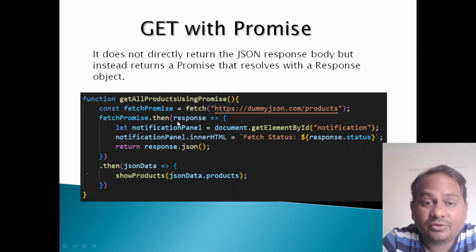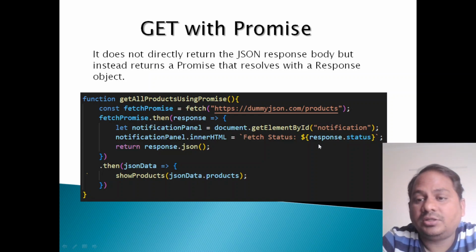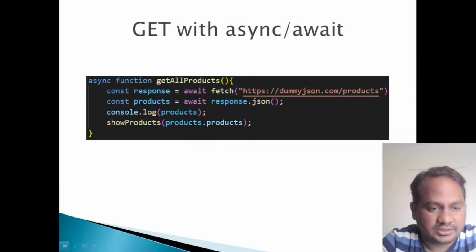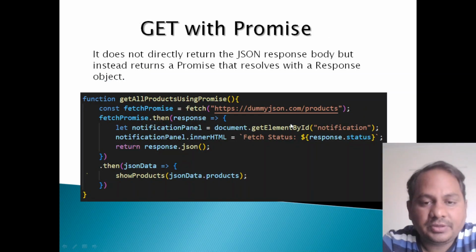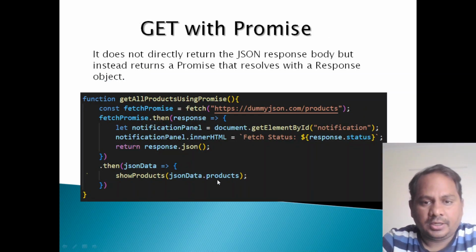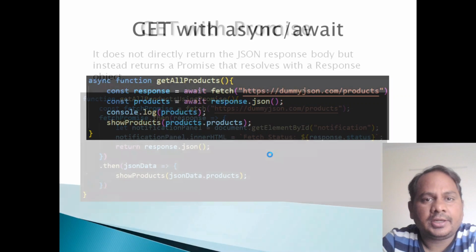So what we are getting from the response object, we are getting the response status. Okay, this is the await and async example. We will also see that. So yeah, let's move towards slides and learn something more about this.